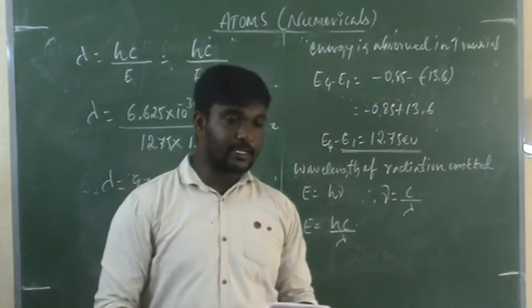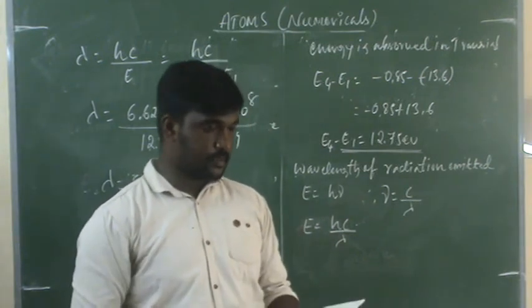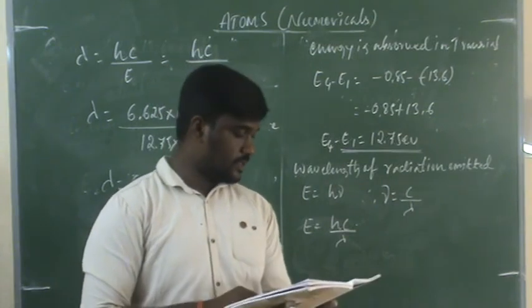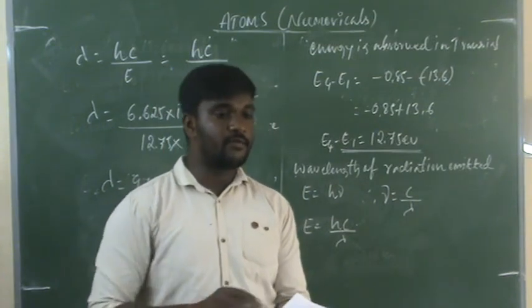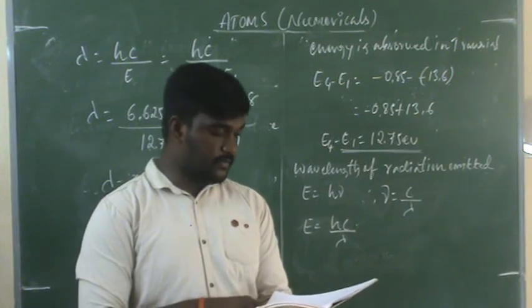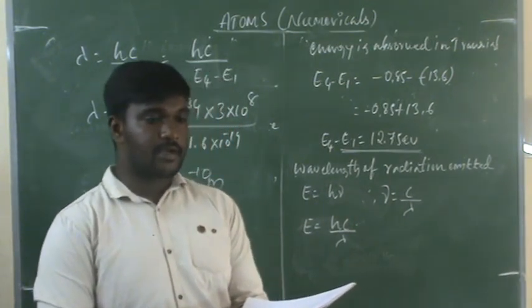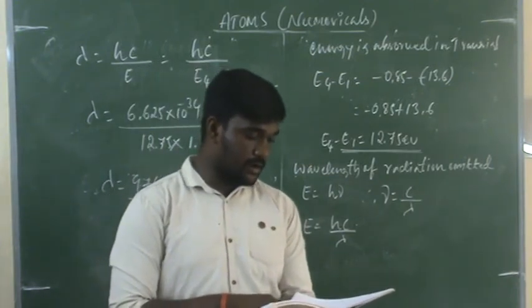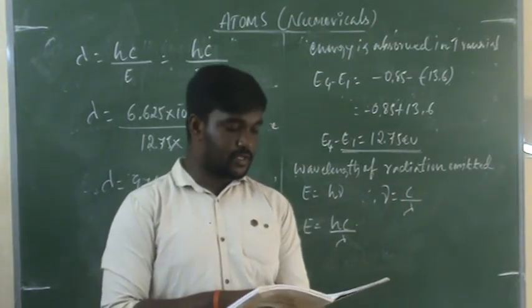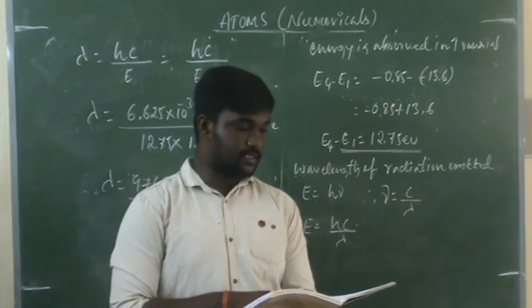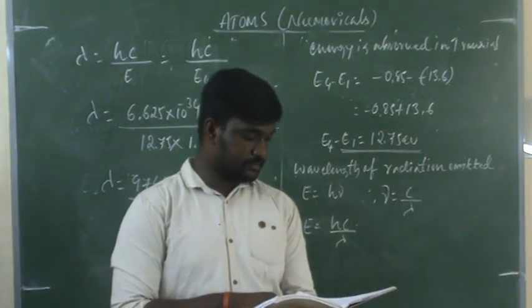Okay. This is our next numerical. Write on the next column. A difference of 2.3 electron volts separates two energy levels in an atom.